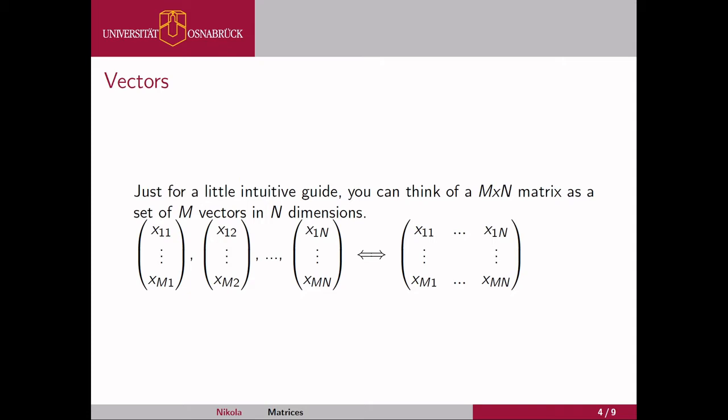We will get deeper into this. There's a very, very close link between vectors, vector spaces, and matrices. But for now, just use it as a little intuitive guide. Every row and every column of a matrix can be thought of as a vector in either n-dimensional or m-dimensional space.